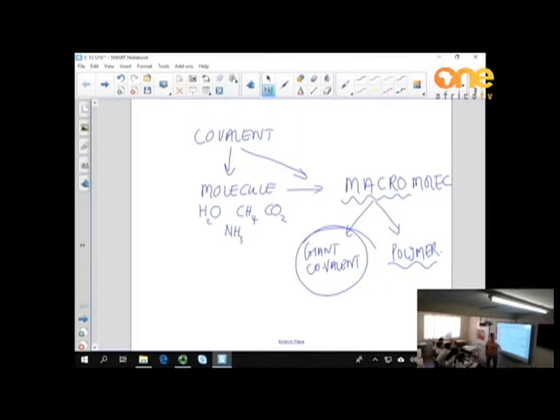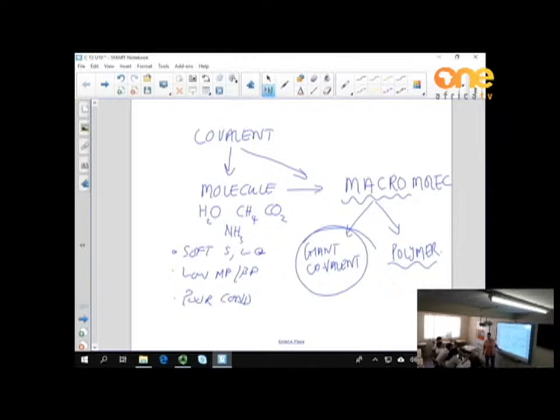Now, normally, what are the properties of molecules? Yes, soft solids, otherwise they are liquids or gases. They have low melting and boiling points, and they are poor or no conductors. Are you with me? These giant covalent molecules, would they have the same properties?